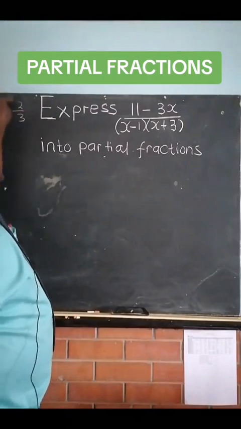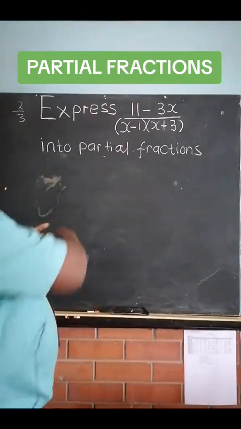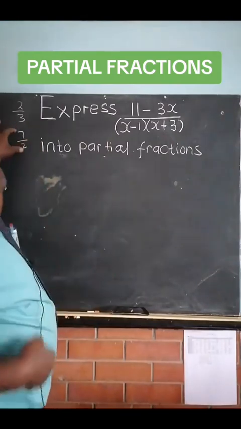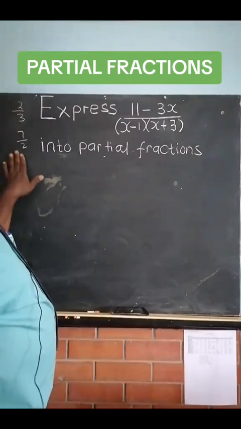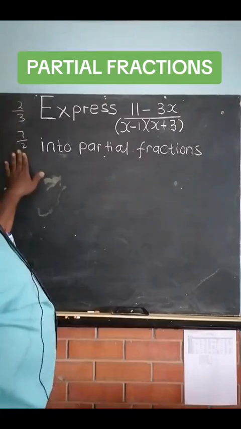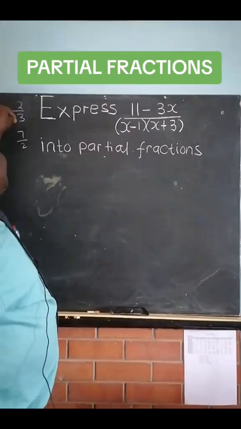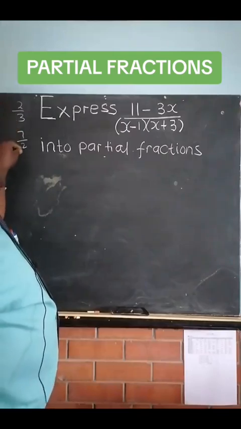Then that fraction is said to be a proper fraction. If I have 7 over 2, for instance, this is improper in the sense that the numerator is now bigger than the denominator. So, proper: numerator smaller than denominator. Improper: numerator greater than the denominator.